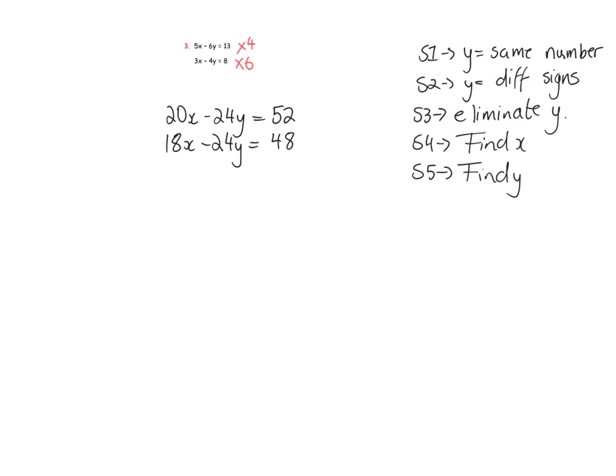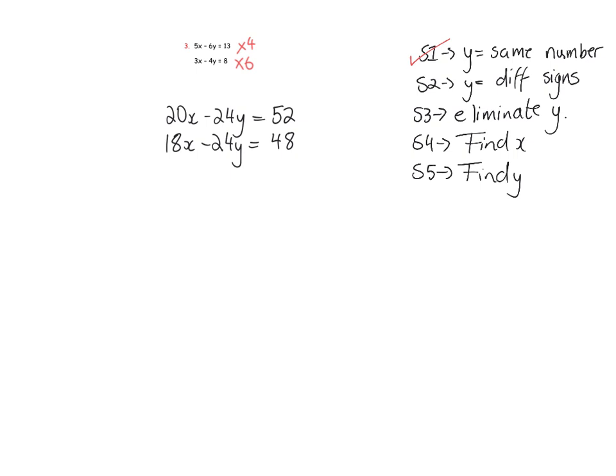Next then, what we need to do is go back and check step 1 to see if we've done it right. It says y's have to be the same number. So we look at the y's and see if the number in front of y is the same. 24 is in front of y. They're both 24, so that's that done. Step 2, we have to have y with different signs. You can see here we have 20x minus 24y is equal to 52 and 18x minus 24y is equal to 48. So there's 2 minuses.